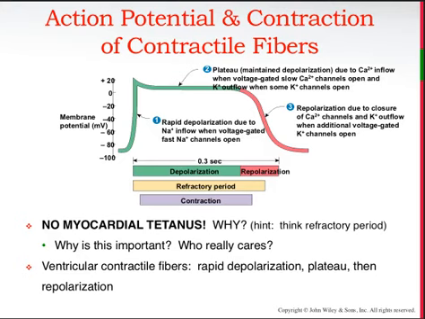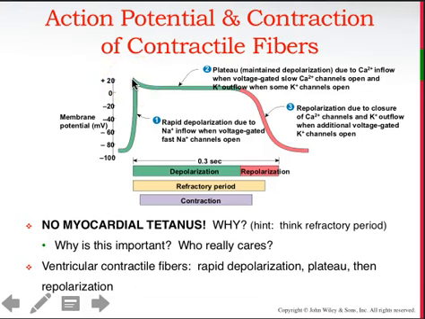All right, so this is what an action potential for a contractile fiber will look like. We'll have a rapid depolarization, and you can tell this is rapid by how steep this line is. This isn't a gradual, gentle slope. This is a very steep, rapid depolarization.